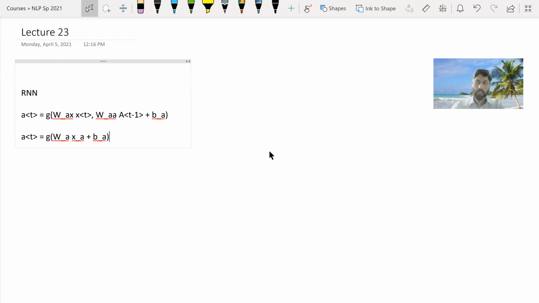And we have combined the two vectors, A from the previous time step, A t minus 1, and X from the current time step, into one single vector XA. So this kind of simplifies the notation somewhat, although it will give you the same result.